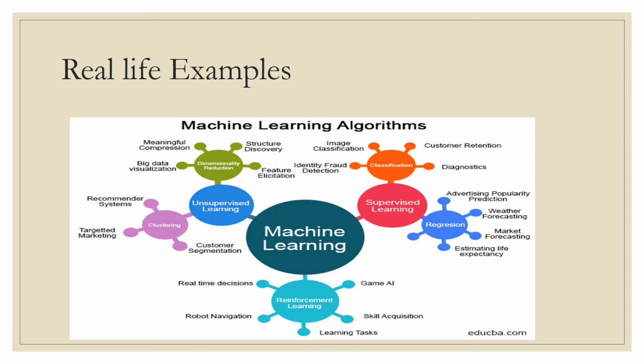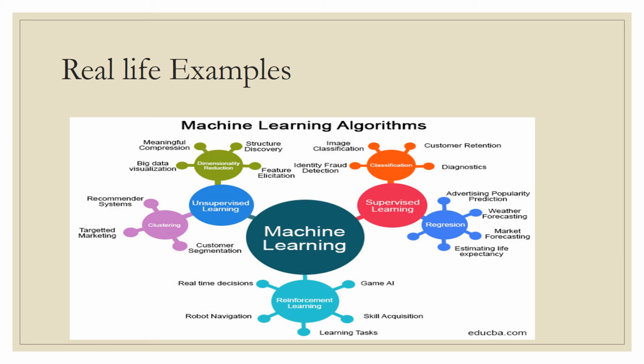In classification, we classify the data either as true or false, 0 or 1, or in separate groups. Now the real life applications for these models are customer retention, whether the customer will stick or will fly away. In diagnostics, for example, whether one has got a malignant tumor.